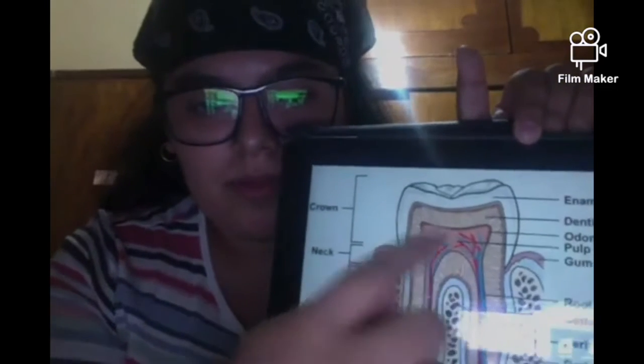Now, the pulp. This is the pulp. The pulp is the innermost part of the tooth. Its soft tissues contain blood vessels and nerve cells, so dental pain due to infection, for example, comes directly from it.